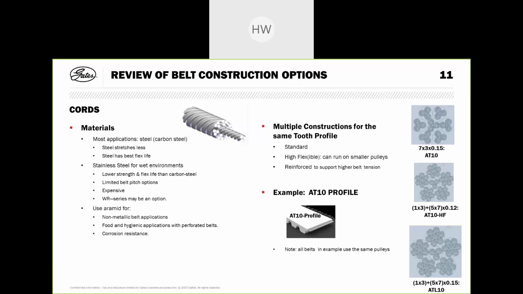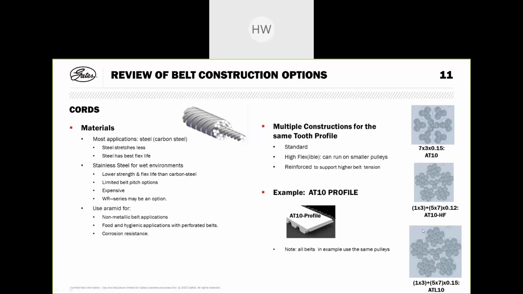And because of that thinner single wire, this cord is more flexible, can go around smaller pulleys versus the other one. And the third option then is a reinforced cord, which means bigger cord and higher tensile strength. And this design you can see here, pretty much the same design as the 8010 high flex cord, but the single wires are bigger. It goes up to 0.15 millimeters.